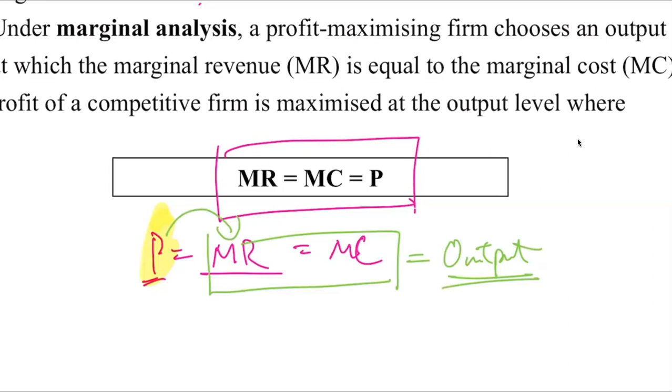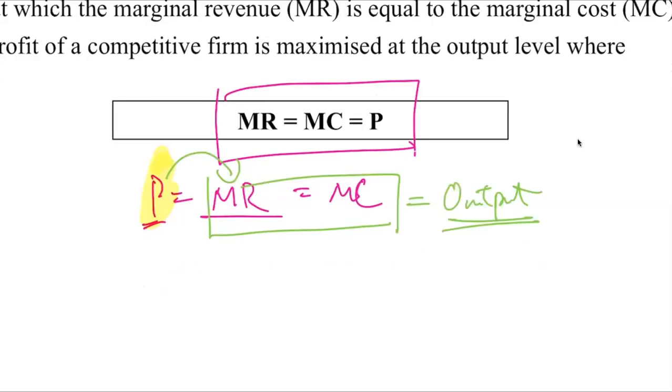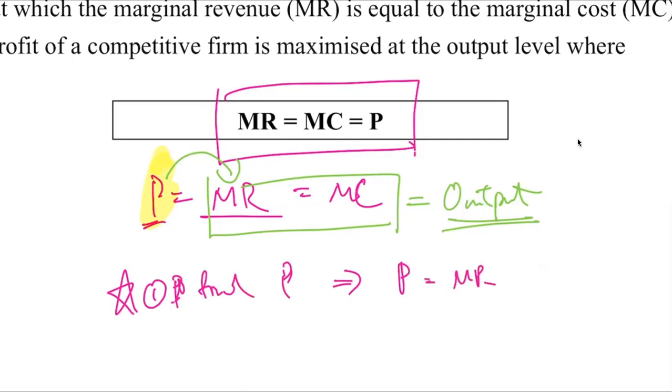So I just give you some general steps. The general step, number one, find the P. Then we know P equals MR. Then secondly, we try to find the output where MR equals MC.